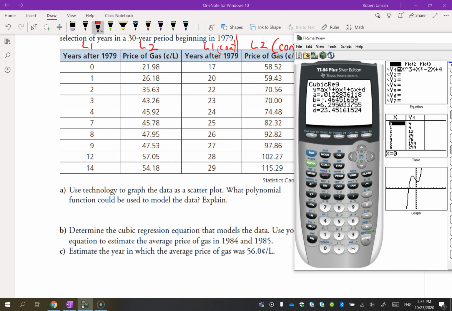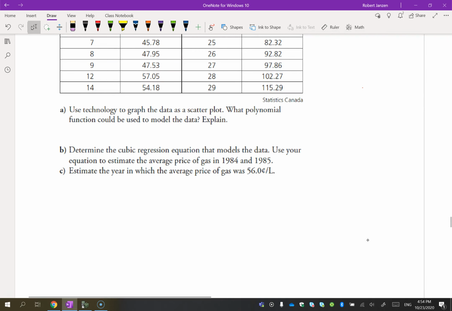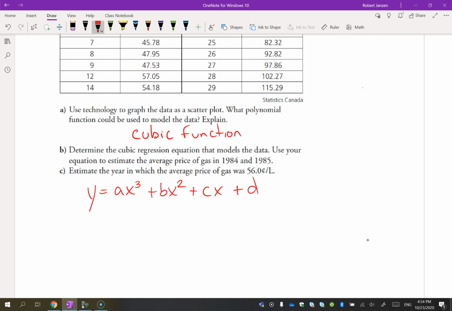It looks a little bit more complicated, but let's see if we can write that down. First of all, this is a cubic function, and my equation is going to go in this form: ax cubed plus bx squared plus cx plus d.